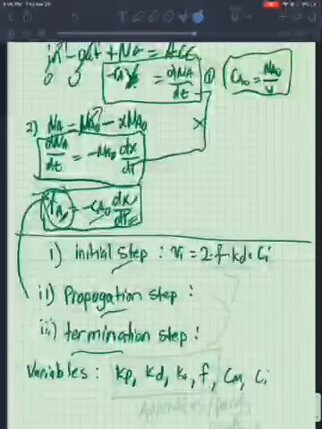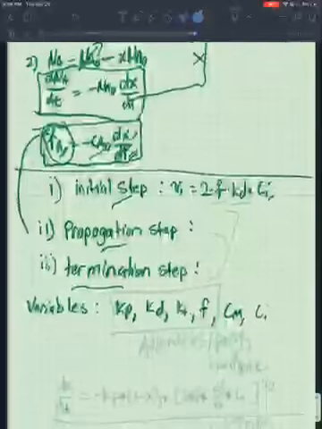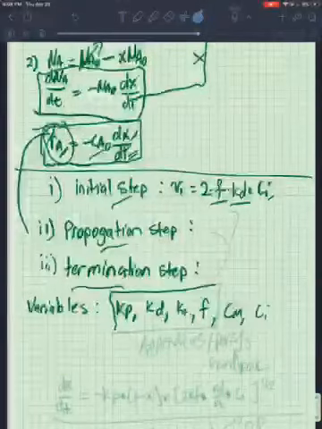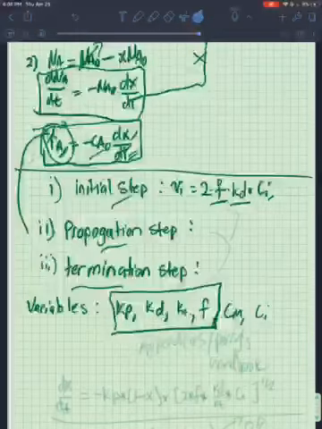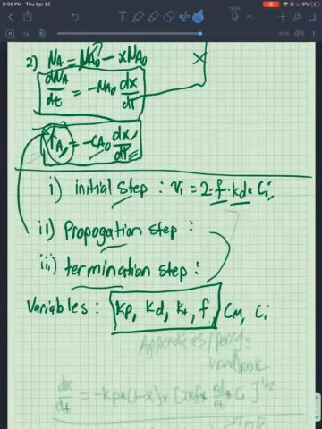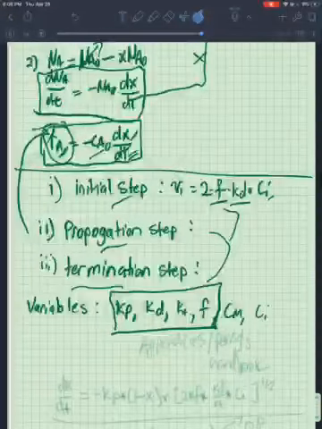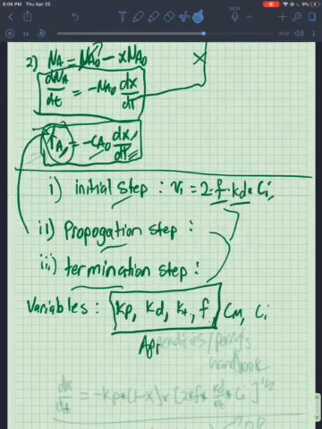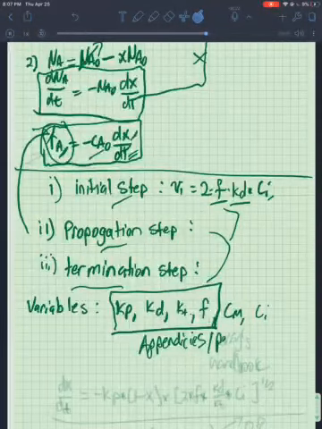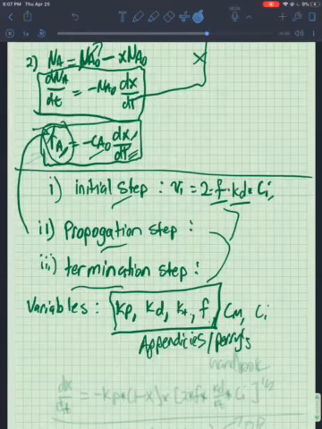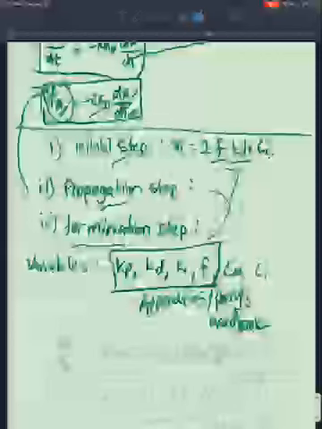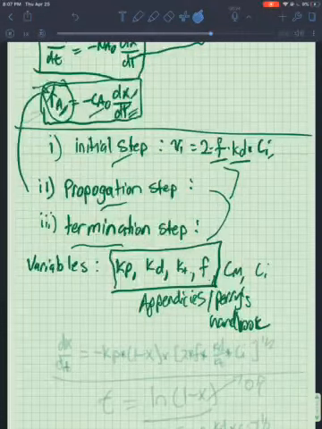That's also a parameter that we set, so that's known. The others are constants. Actually, these 4 constants define all 3 of these steps, and they can all be looked up and found in appendices, Perry's handbook, or other sources of information on these types of reactions.